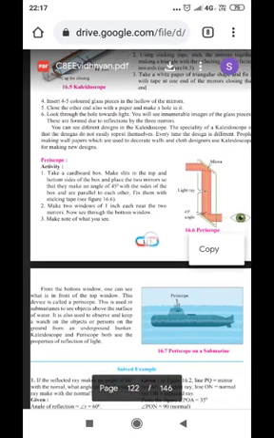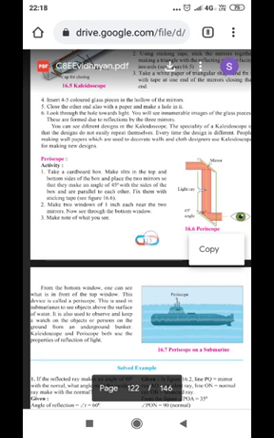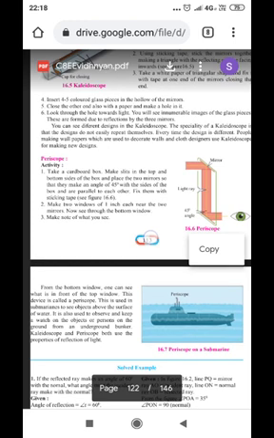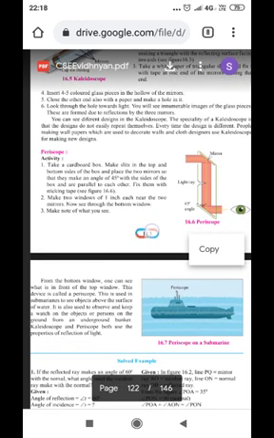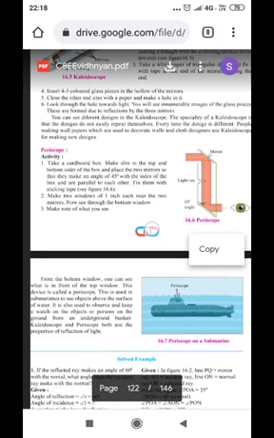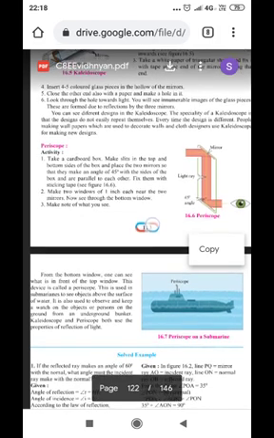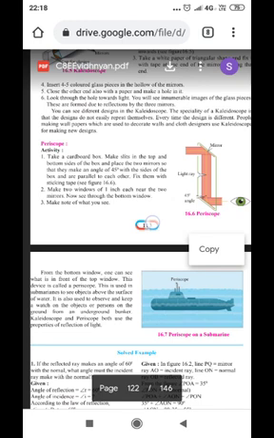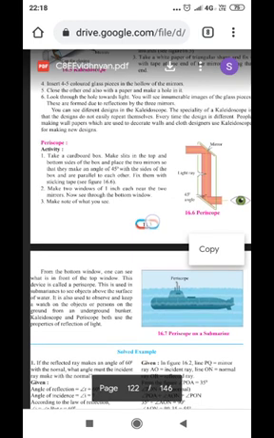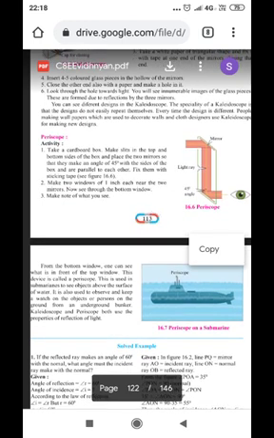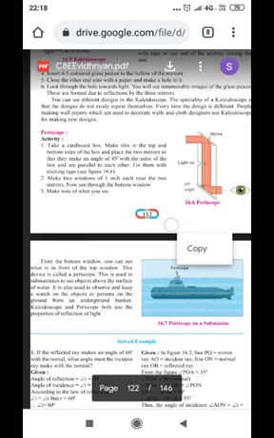Insert 4 to 5 colored glass pieces in the hollow of the mirrors. Close the other end also with paper and make a hole in it. Look through the hole towards the light. You will see innumerable images of the glass pieces.